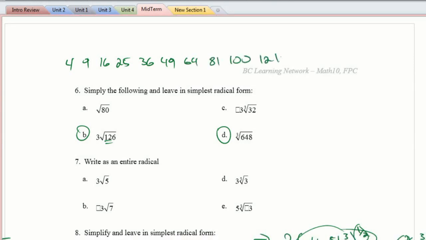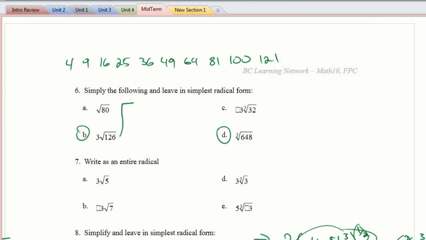So I need to figure out the biggest one of those that goes into 126. 126 divided by 36, that doesn't go in. 126 divided by 16 maybe, does that work? Nope. 126 divided by 9. 9 goes in there 14 times.